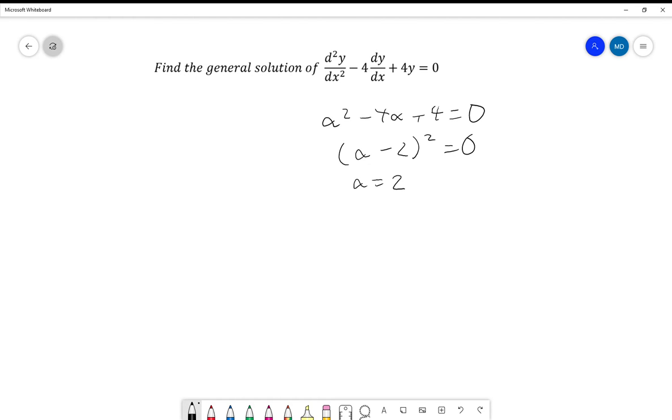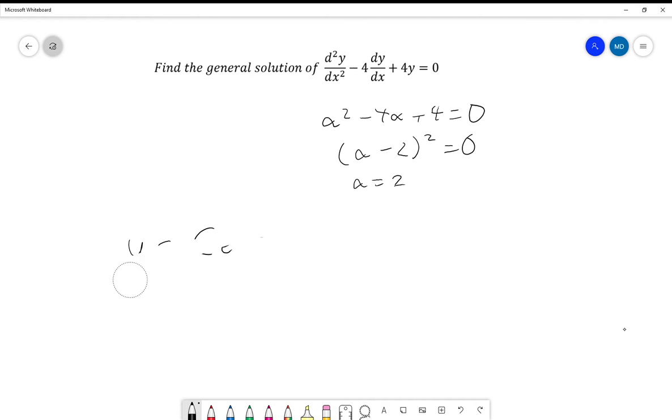And so it was tempting to go, well, y is equal to a e to the 2x plus b e to the 2x, but that can just collapse to y equals c e to the 2x, and we literally only have one arbitrary constant. But we know, because it's a second order equation, that it must have two arbitrary constants.